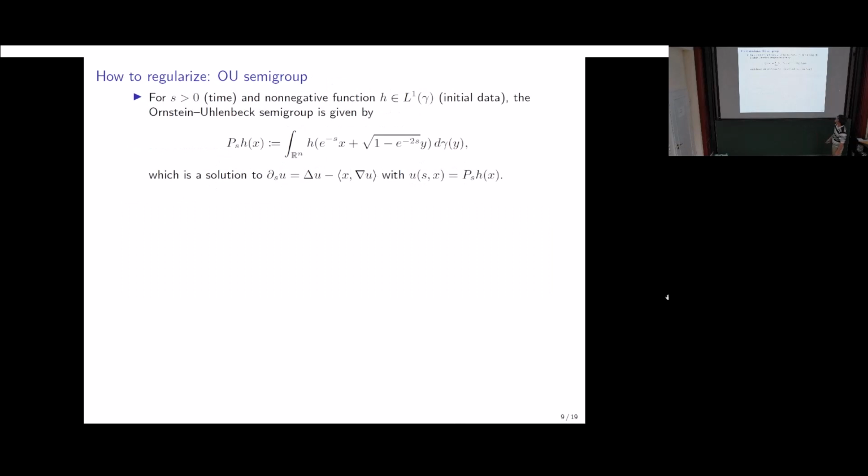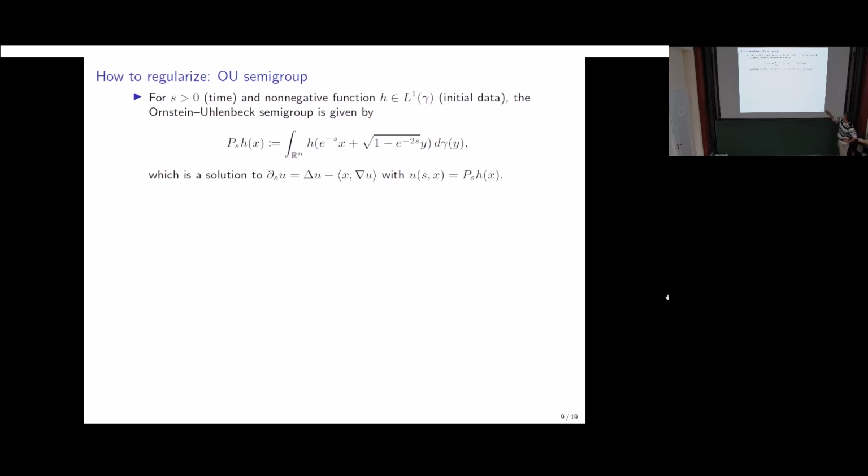So how do we regularize this? To consider regularization, we use the Ornstein-Uhlenbeck semigroup. For any non-negative function h, P_s h is the Ornstein-Uhlenbeck semigroup, defined by this formula.